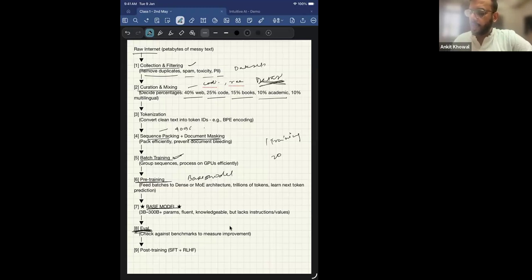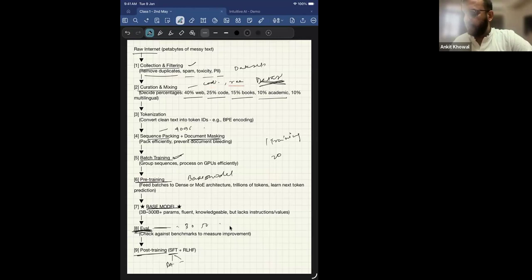And all this process can happen again based on my eval scores. And then when the eval score starts improving from 30% to 50% to 60%, then I know, okay, my base model is ready. Now I will teach it via SFT to answer in the form of Q&A.